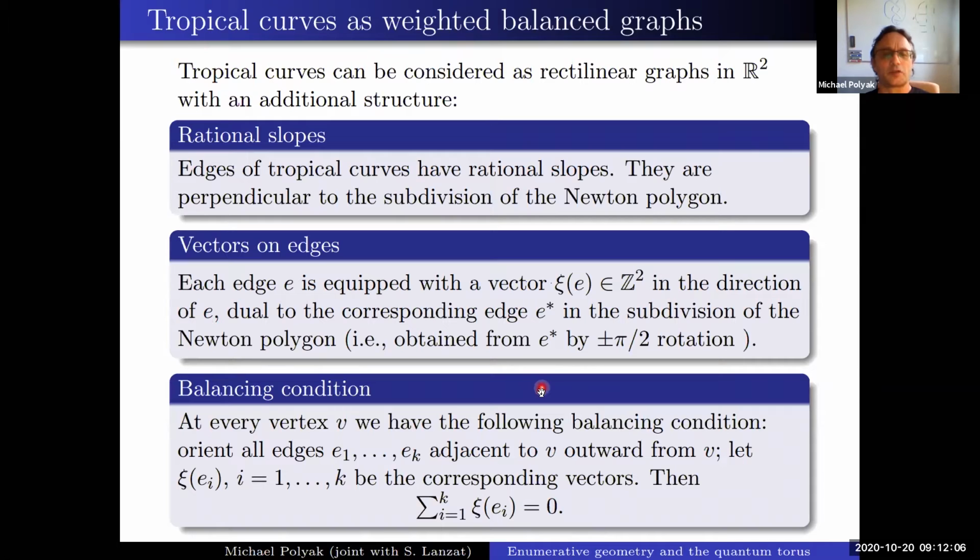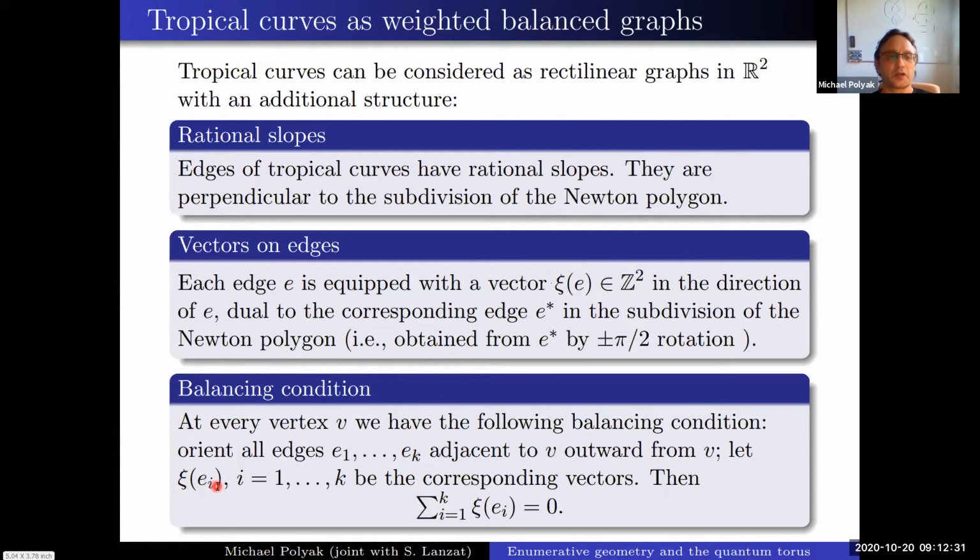And finally, the most interesting thing is that at every vertex, we do have the balancing condition. So if we look at all edges adjacent to this fixed vertex and orient them outward, then, as I mentioned here, on each edge, I do have a vector in the direction of this edge.